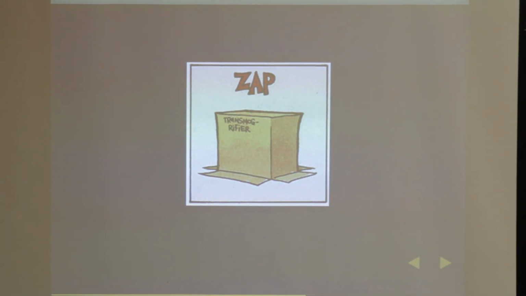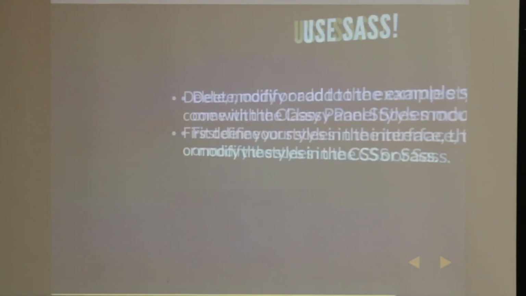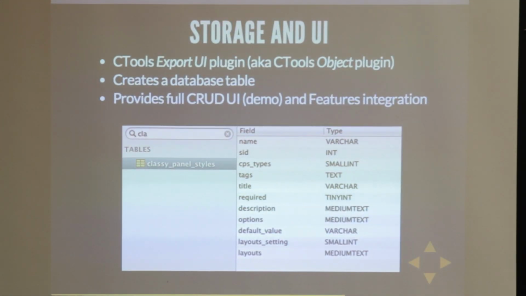Okay, so this slide represents kind of the magic behind what powers this, and we're going to go into a little bit of the technical side of it. Any developers in the room? Okay, cool. About half. That's good. So what we're going to look at here is I'm using the Export UI CTools plugin to capture this configuration.